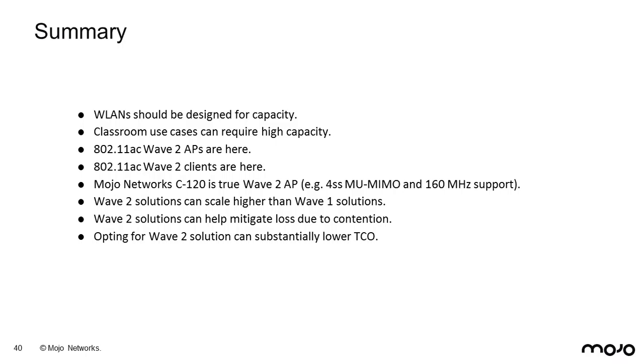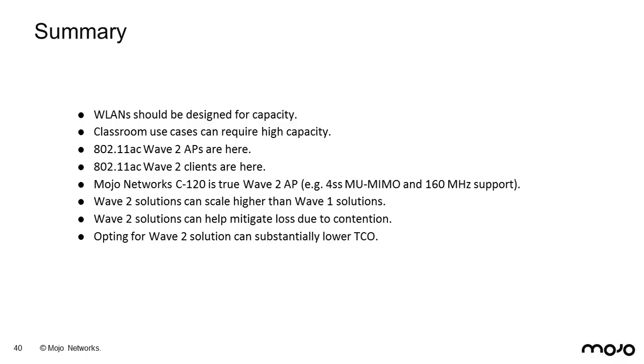Why? Because when you can talk to up to 4 clients simultaneously instead of talking to one, then the other, with all the back off and the waits in between and the inefficiency of single-user MIMO, you can mitigate a lot of the loss due to contention, and in fact even improve on the single client throughput.